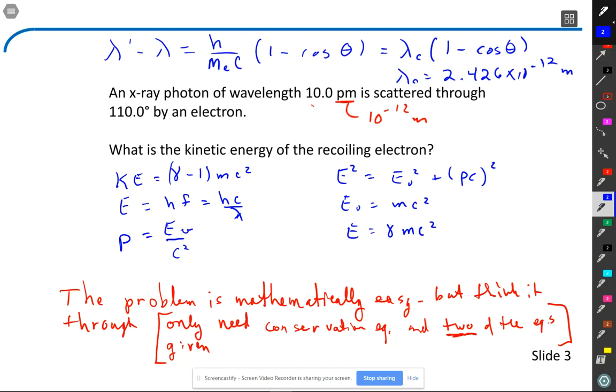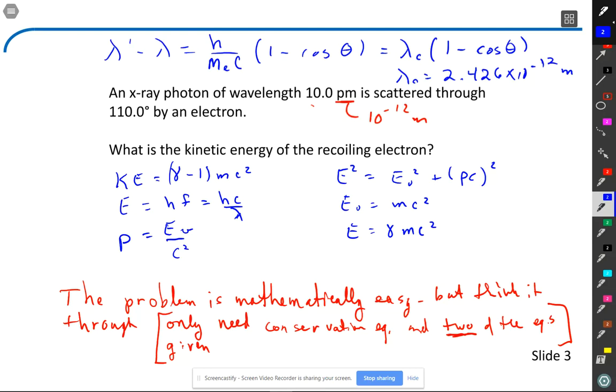What else are we conserving besides momentum? We are almost conserving mass. Not quite. It's energy. We're conserving energy.